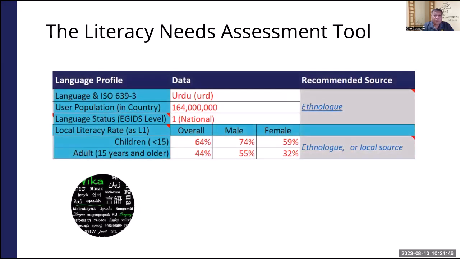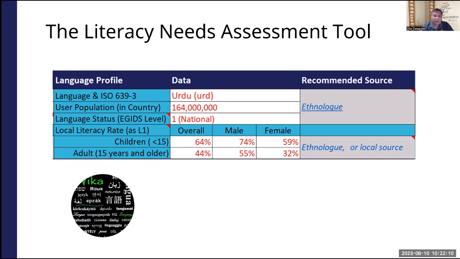For the language profile, if you notice, this is a language used at the national level. The EGIDS level is one. This is Urdu, the national language of Pakistan. And they were also able to gather information on the literacy rate just for Urdu.